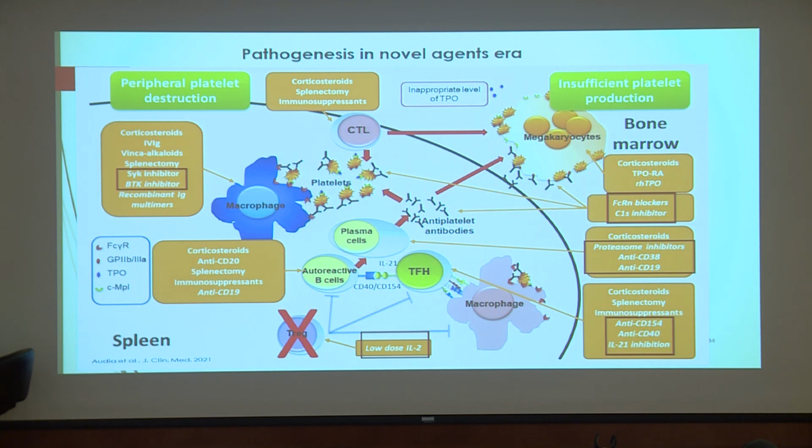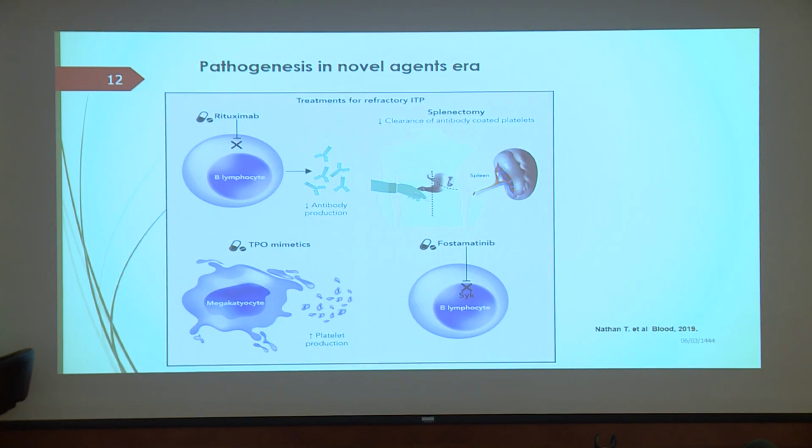and this is why we are using TPO mimetics and TPO agonists. This is just to highlight the role of fostamatinib, which is a Syk inhibitor in B lymphocytes and in macrophages, as compared with TPO mimetics like eltrombopag and romiplostim.